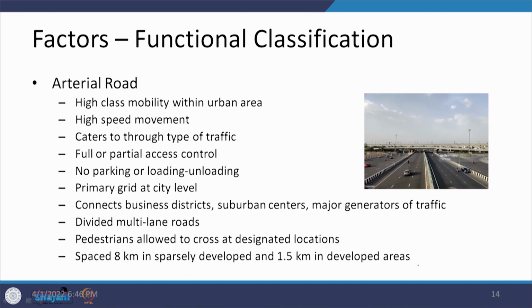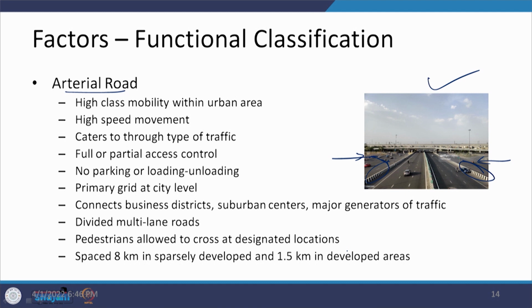When we come to the urban road classification, the very first thing at the top is the arterial road. As you can see in this photograph, it is a divided facility where no other traffic is there, and if there is local traffic on the side, on this side as well as on this side, it has been separated out by providing a raised median on the two sides.